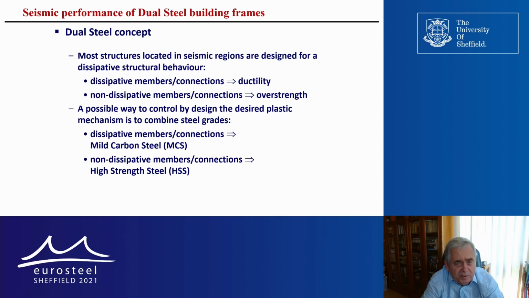And we have non-dissipative members and connections too, which must remain predominantly elastic, and they have to possess enough overstrength. For sure, we are using high-strength steel particularly in non-dissipative members and connections, while the ductile components will be in mild carbon steel.